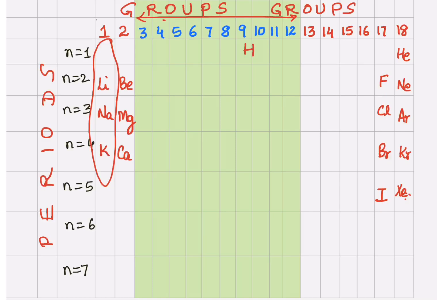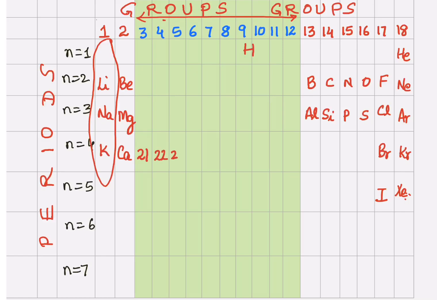Now let us go on to fill our other elements. So what we've got over here? Yes, we'll have boron, we'll have carbon, nitrogen, oxygen, then aluminium, 13, silicon, 14, phosphorus, sulfur. Correct? We have only done till here. Now your atomic number 21 will come here.